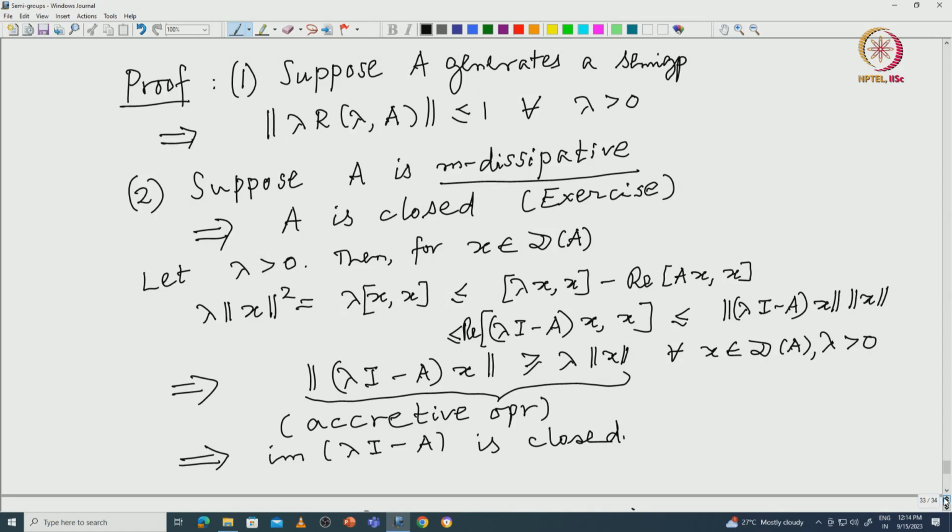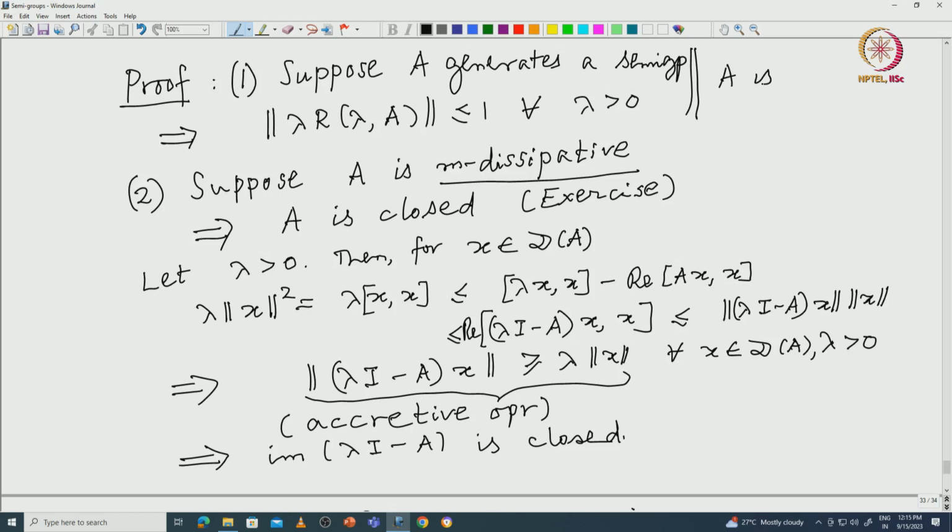Suppose this dissipativity. So we have to see that. Where is that m-dissipativity? Okay, that's fine. But here, if T(t) is the semigroup, we have to show that A is dissipative.